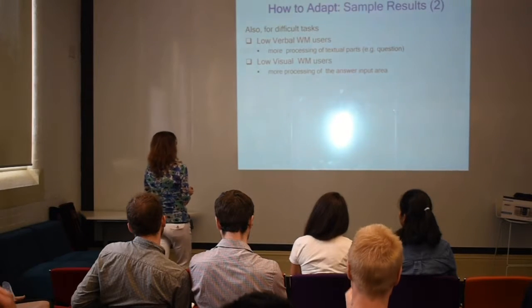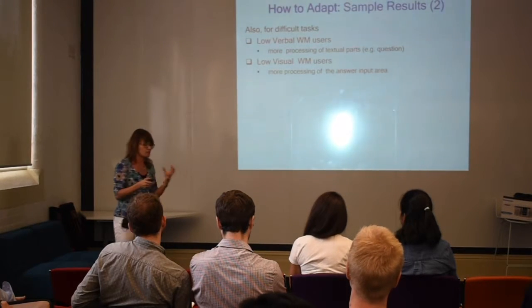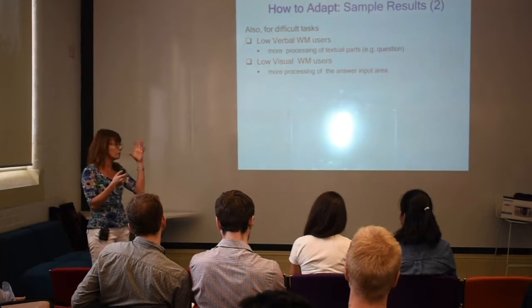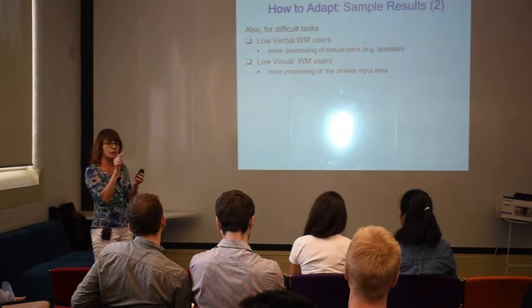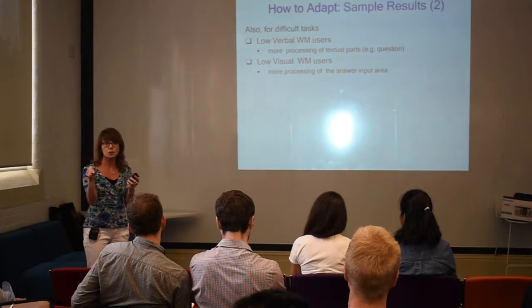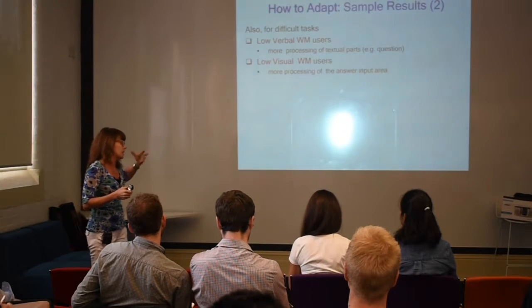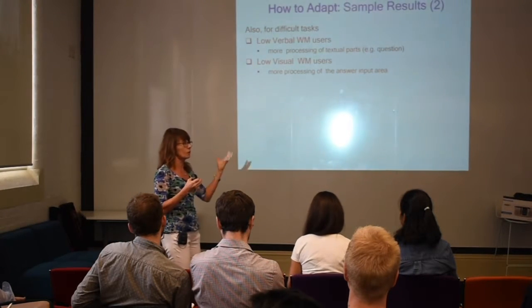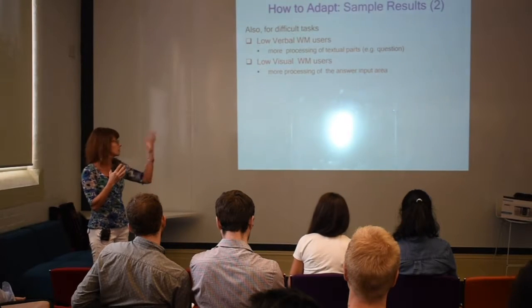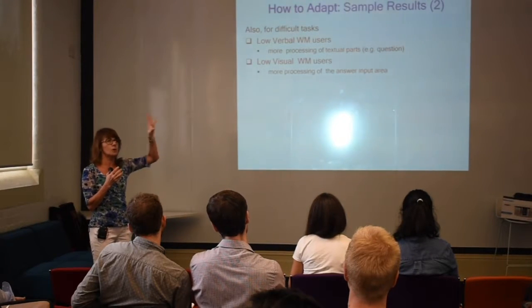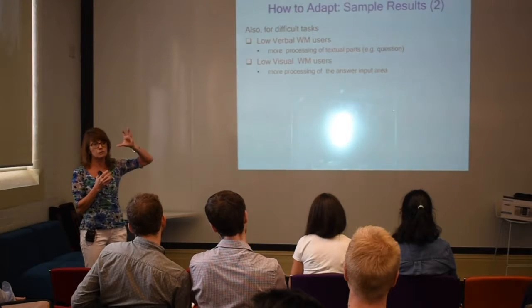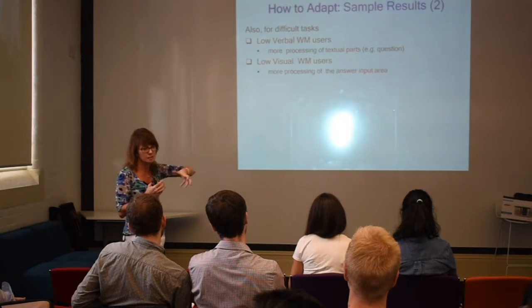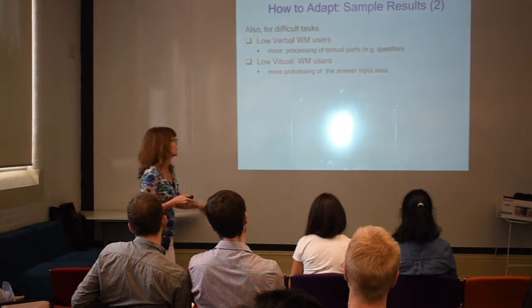And low visual working memory users, we found that they can spend more time processing and going back and forth to the answer area, where you put your answer in, which we think is an indication that they also need to spend more time doing the mapping between what's the answer that they can retrieve from the bar graph and what is the actual answer that they have to produce.